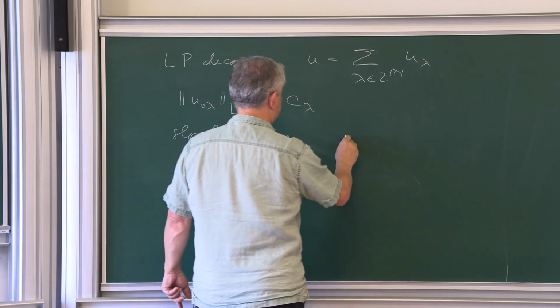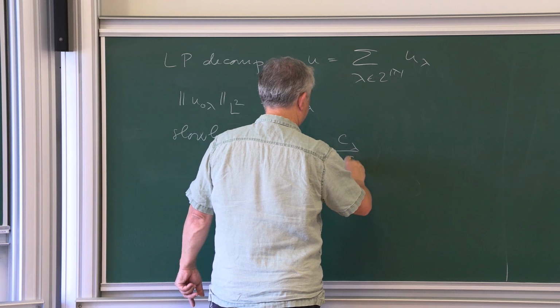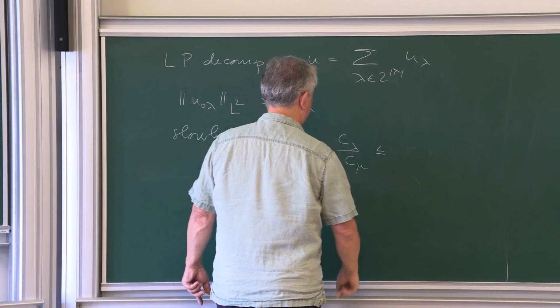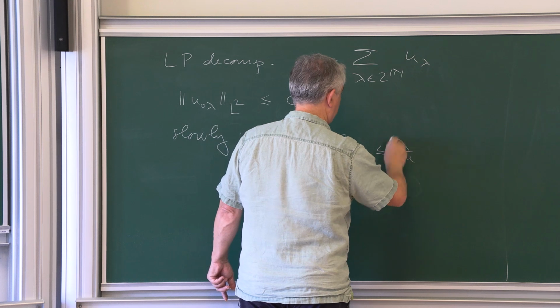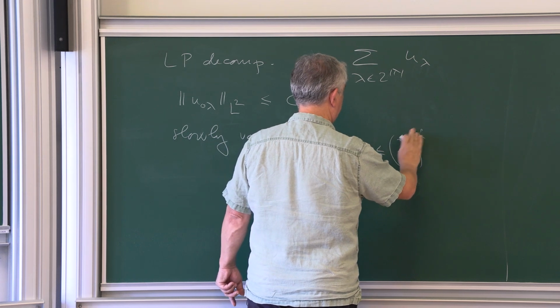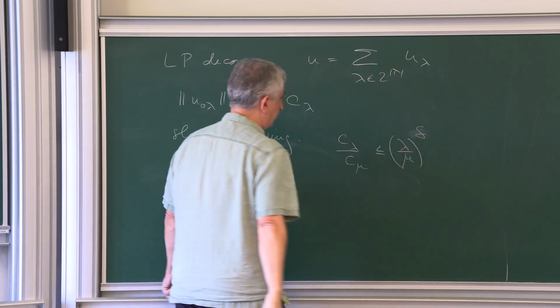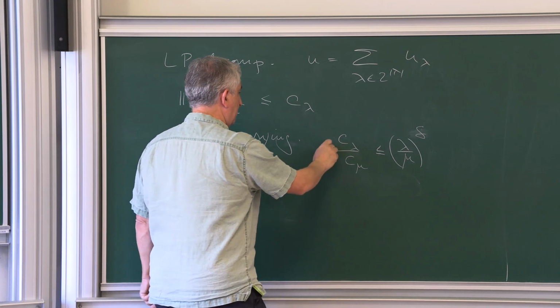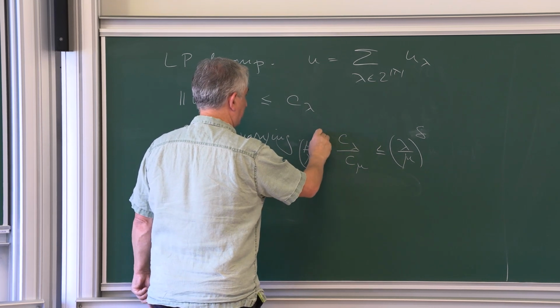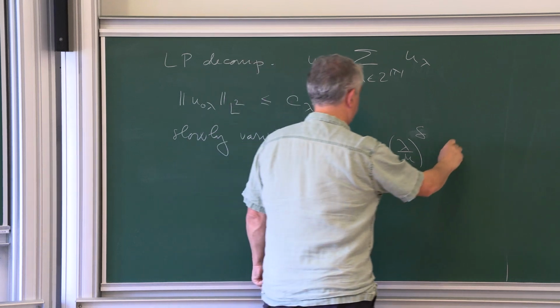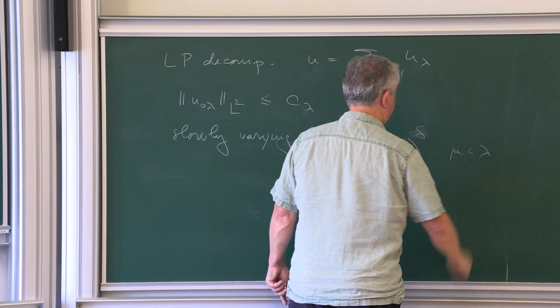And slowly varying means maybe c lambda over c mu smaller than lambda over mu to the power delta, small power in here, and greater than mu over lambda to the same power delta for mu less than lambda.